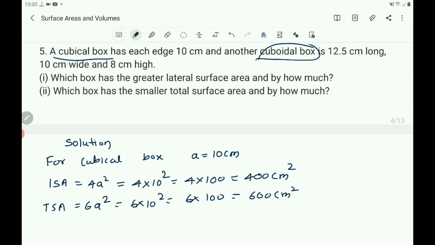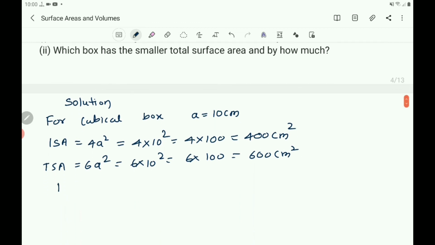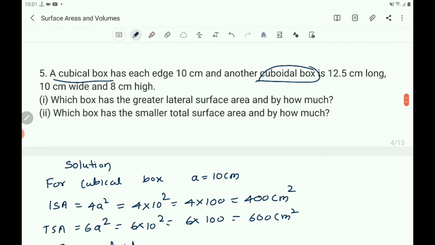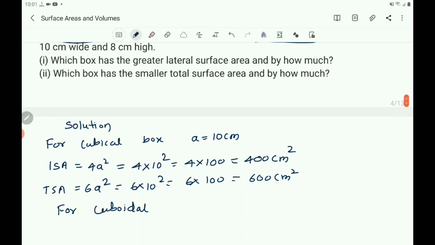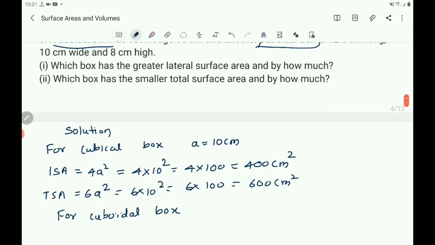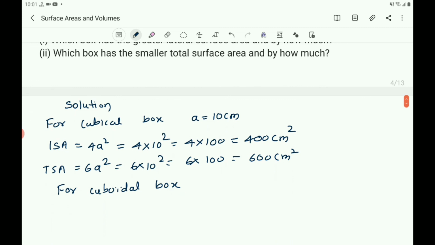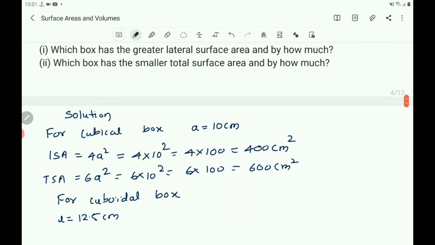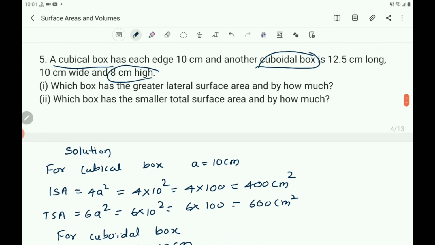And you take the cuboidal box, find LSA and TSA. For the cuboidal box, l is 12.5 centimeter, b is 10 centimeter and h is 8 centimeter.